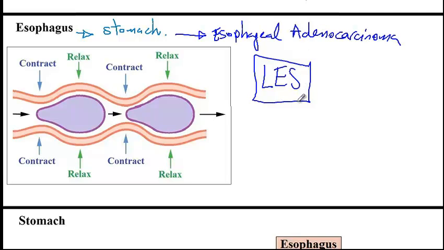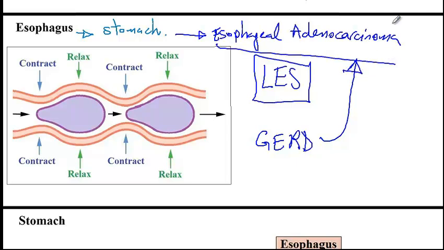Now, patients that have gastroesophageal reflux disease are actually suffering from regurgitation of fluid from the stomach into the esophagus, as a consequence of which they are at increased risk of developing esophageal adenocarcinoma, which is from long-term exposure of the esophagus to the stomach acid.